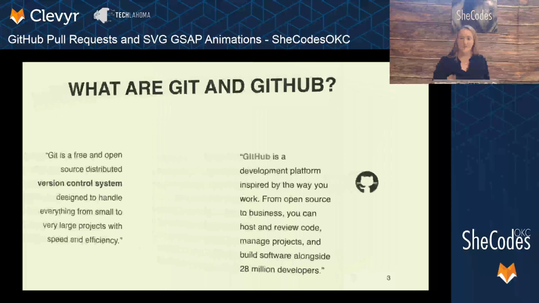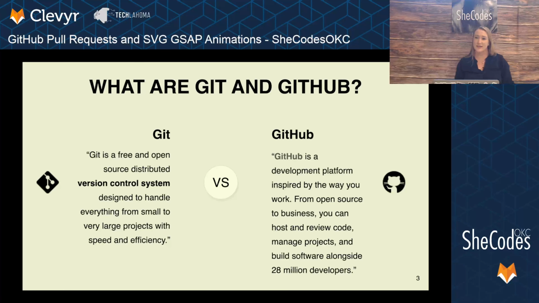First, we're going to start by talking about the difference between Git and GitHub. I find a lot of times that this is confusing to people, that Git and GitHub are two different things. Git is a version control system. When you're coding, you are often going to be wanting to save different versions of your work so that you can roll back and go back and change what you did if you didn't like what you did.